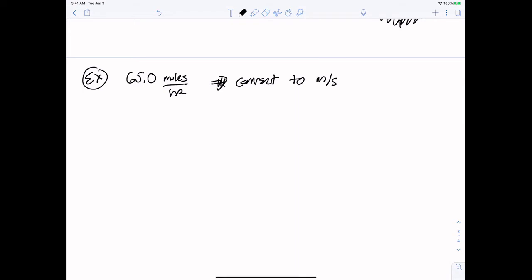So the conversion factors that I'm going to give us, or the equalities, I have 1 mile is equal to 1.6093 kilometers. And you don't need to memorize these. The only ones that I ask you to learn are those ones that are within the metric system. So when we're going between systems, I will give these to you.